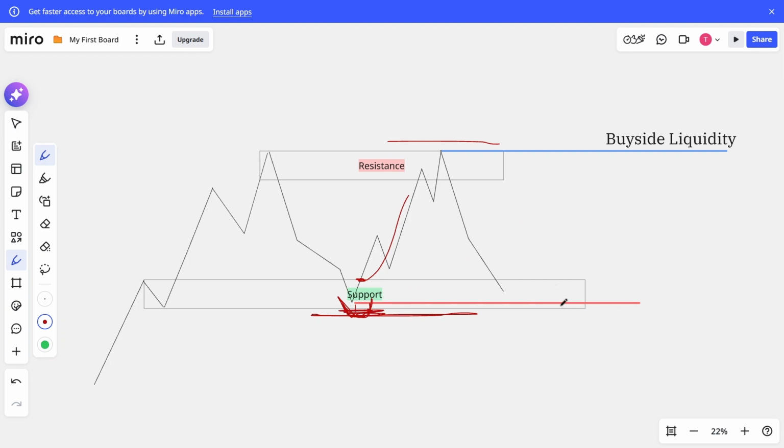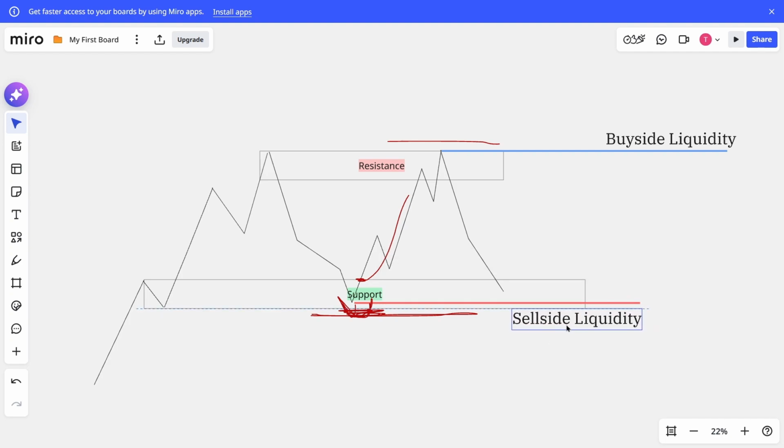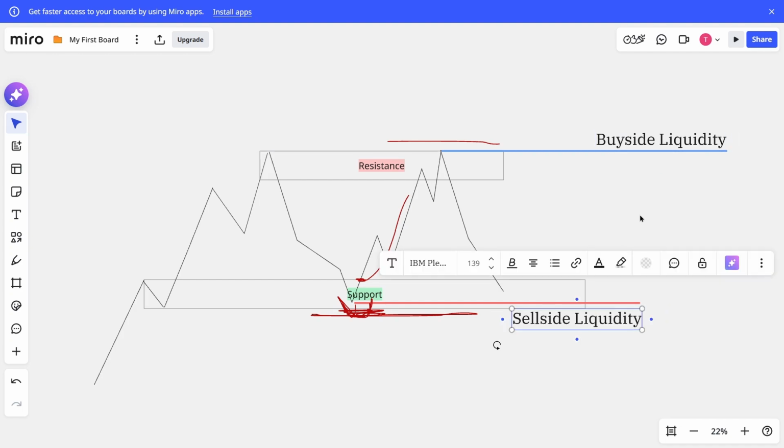So this one we call sell side liquidity. So basically, these are the two types of liquidity that we have in the charts: the buy side liquidity and the sell side liquidity. Buy side liquidity is usually the liquidity that is in the highs, and sell side is in the lows.